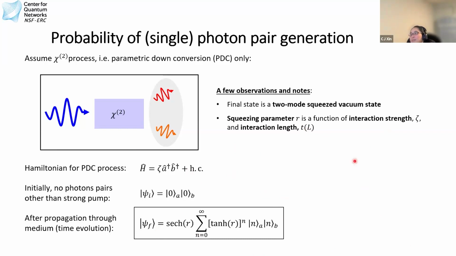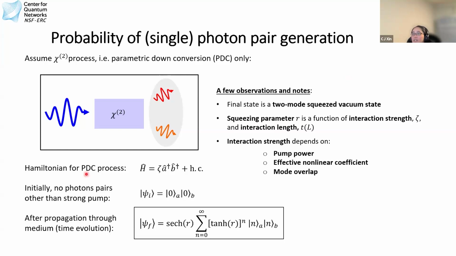The parameter zeta, which I keep calling interaction strength, actually absorbs a bunch of parameters, like pump power, the effective nonlinear coefficient of the material, and also mode overlap, which in waveguides you really care about.